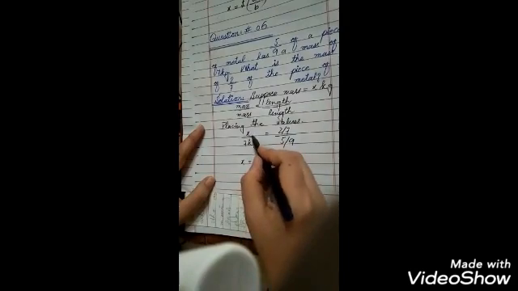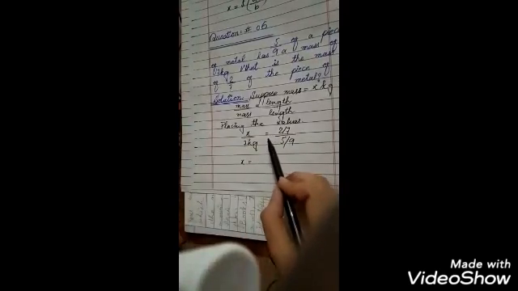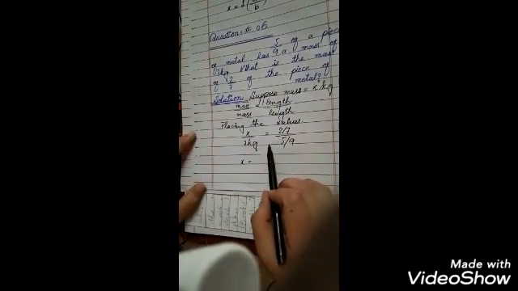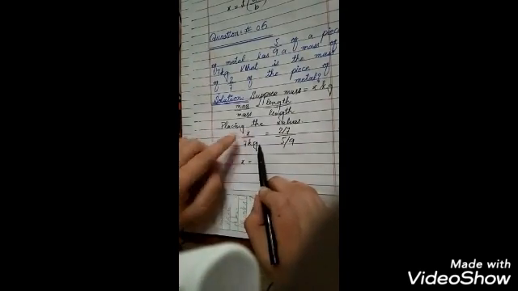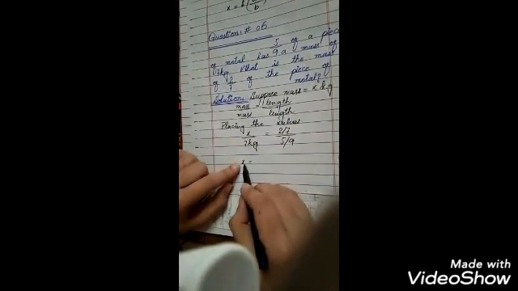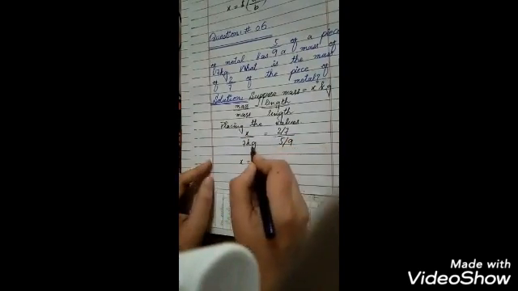And you know, students, whenever a fraction is on both sides and equality is there, we have to cross multiply. We will cross multiply and divide by that value which we don't need with the x quantity.